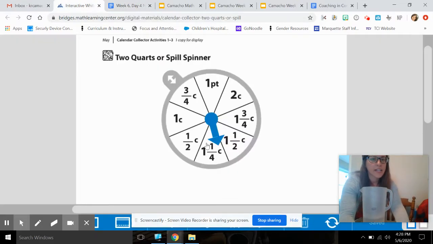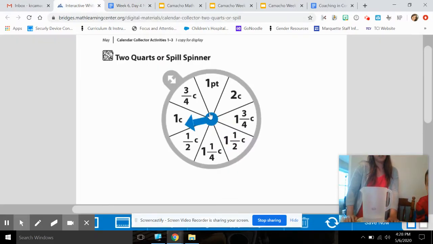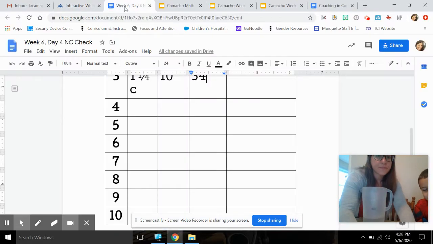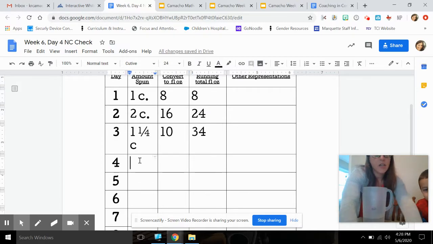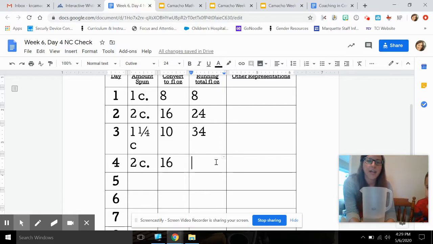All right, go ahead and spin. 2 cups again. Well, we already know this one from when we did it up here. So I have 2 cups, which I know is 16. All right, so my running total, I know if I add 6 to 4, I make a 10.